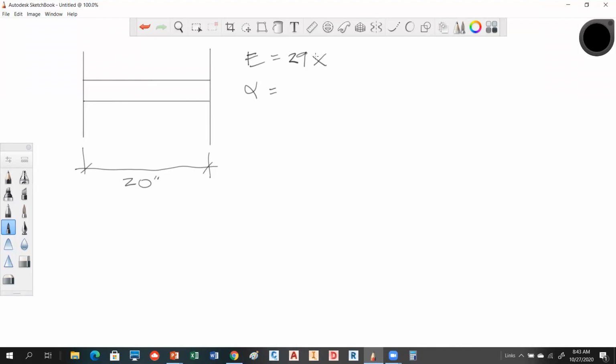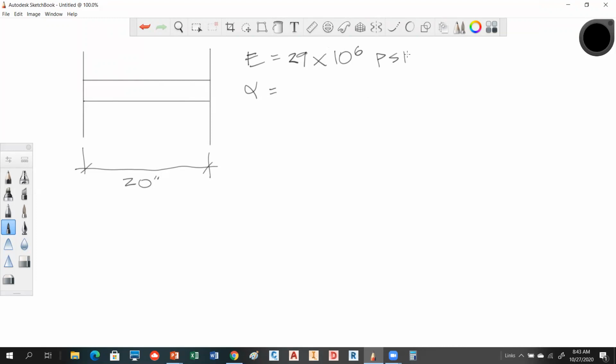You guys let me know if you find it. Having a hard time finding my 8-1 table. There it is, on page 256. They give us for steel 29 times 10 to the 6 psi.